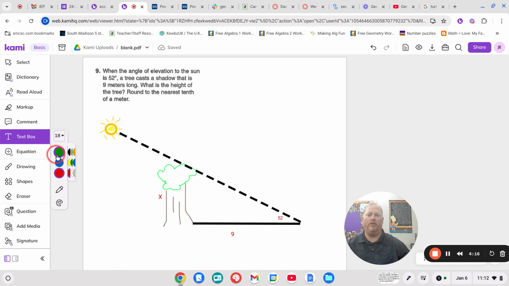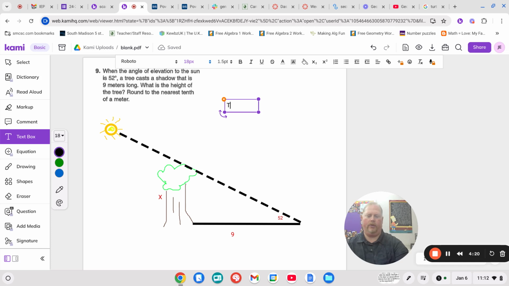So the first thing I want to do is set up the equation. So tangent of the angle equals opposite over adjacent. So opposite is x over adjacent, which is 9.